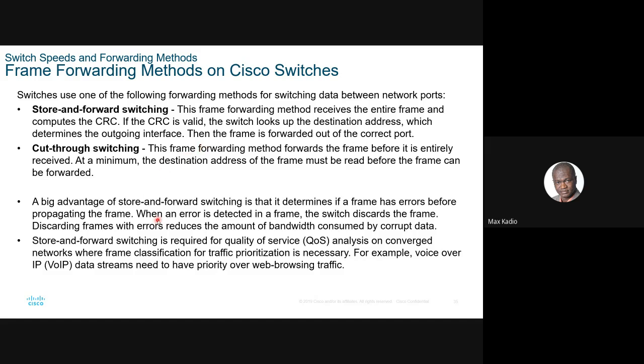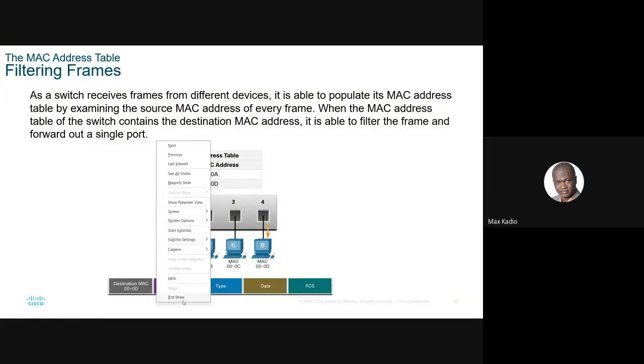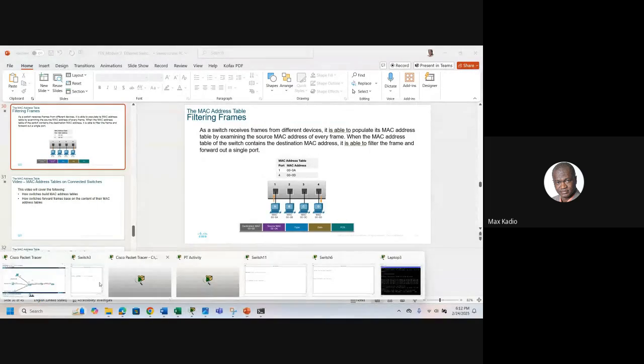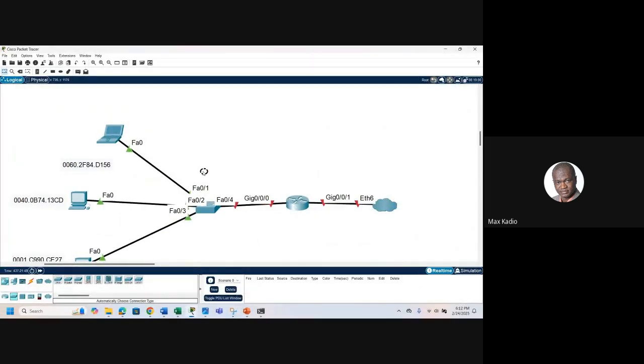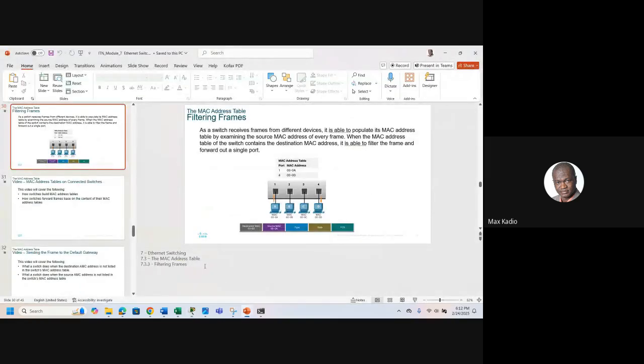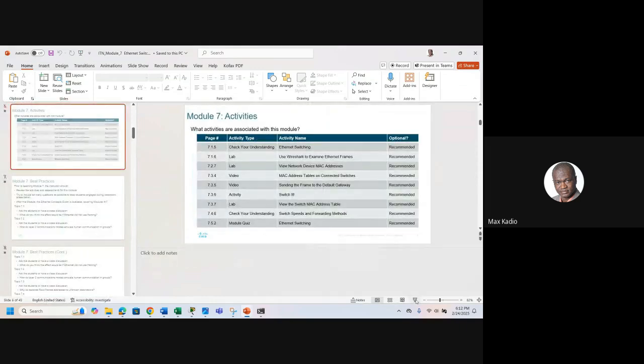Okay, so we'll get time to check that. So today, at least you know two things in the switch. You know the MAC address table. You know the two forwarding methods, cut through and store and forward. So let's try to see what we can check in this chapter quickly.